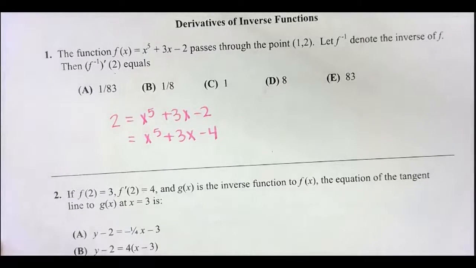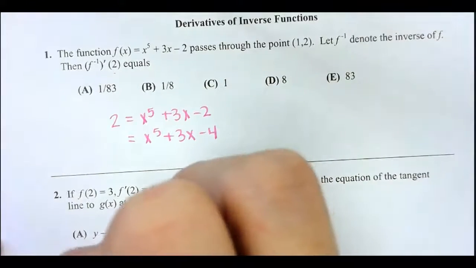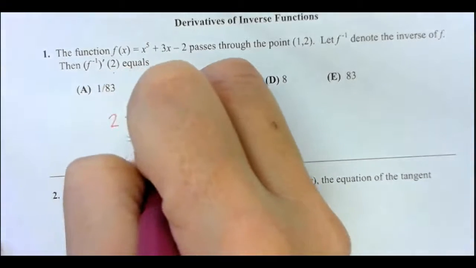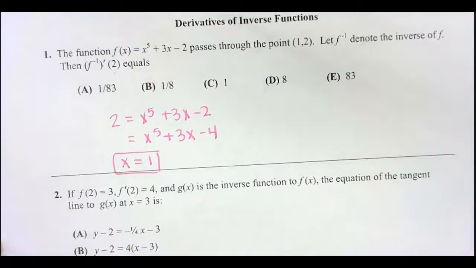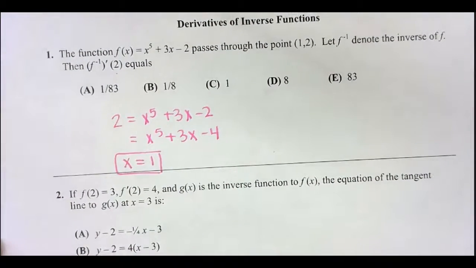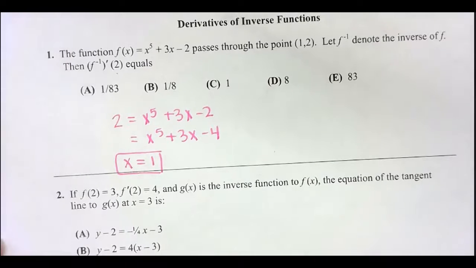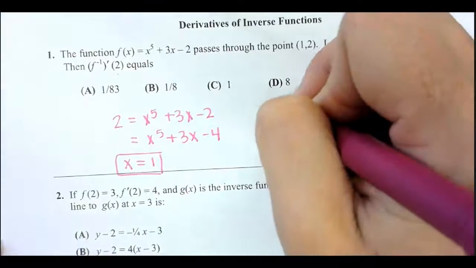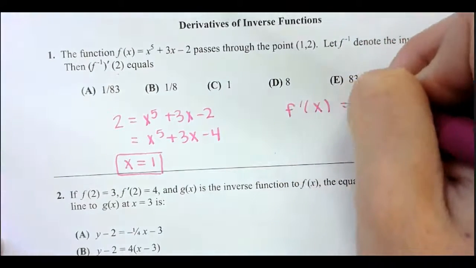So we need to find the x value that makes that 0, which again ends up becoming 1. Well, can we just take the x value in the point? Oh yeah, I made that hard. Yep. The derivative of the inverse at 2 equals 1 over f prime of 1.